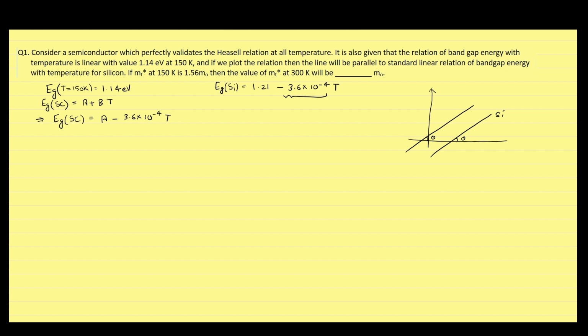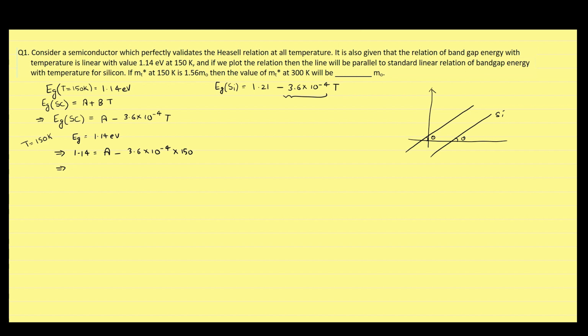It is also provided that at T is equal to 150 Kelvin, band gap energy is equal to 1.14 electron volt. It means that 1.14 electron volt is A minus 3.6 into 10 to the power minus 4 multiplied by 150.